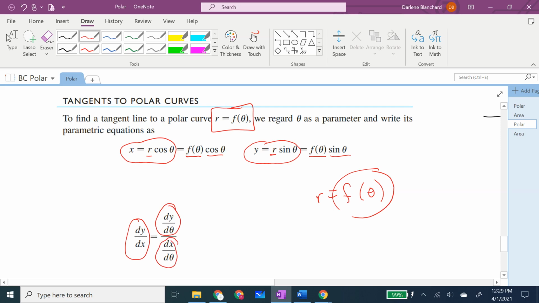And yes, that's product rule and product rule. But if you understand how to write them in a parametric manner through these formulas, you can do the slope no problem. You may not want to, but you can. And that is something you're expected to know on the AP test.